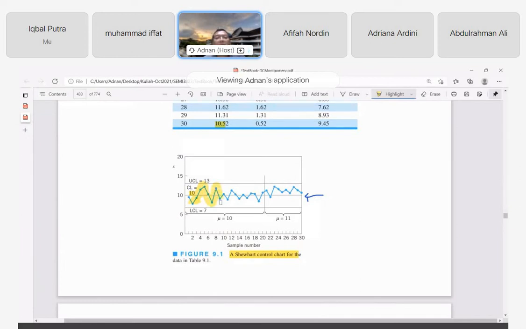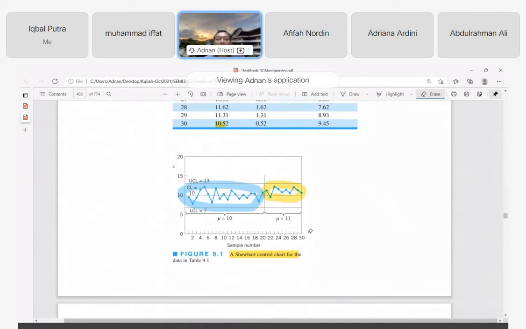Naturally it should be up, down. But in general we see that it's in control, with perhaps a slight shift here. If we apply rule number 1, we may end up concluding that the process is in control. It doesn't look very obvious by eye; it just says it's within the control limits.